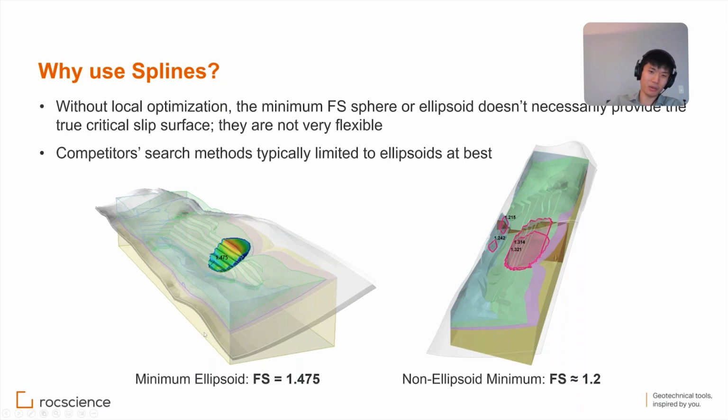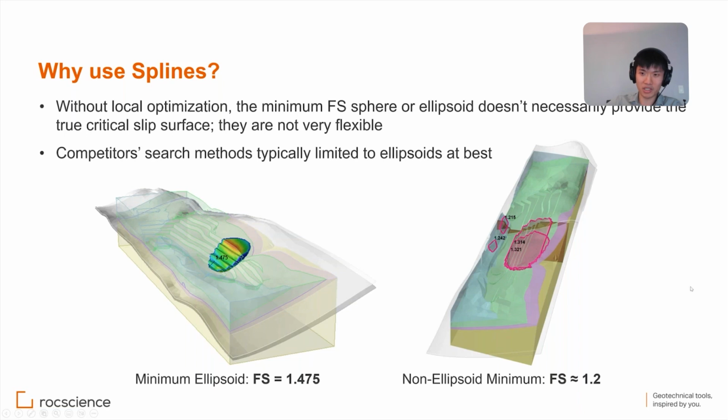Here I have an example where the ellipsoid search found a minimum factor of safety of 1.48, but the moment you alter that locally, which you can do in our program even before the spline search, you just turn the surface altering on.